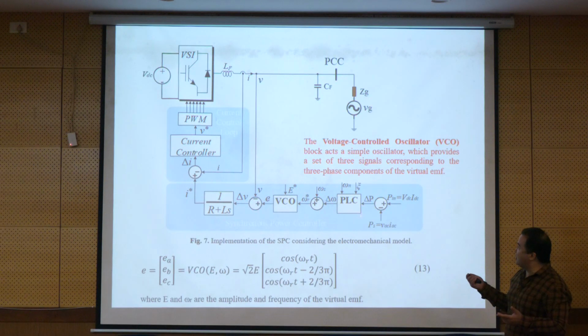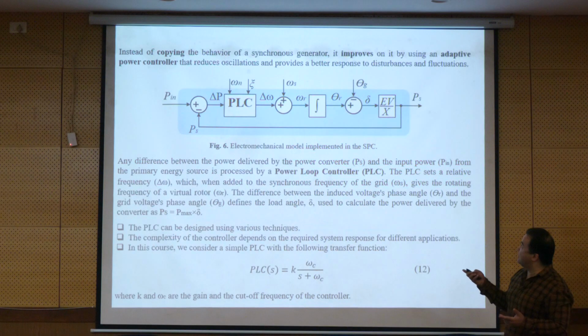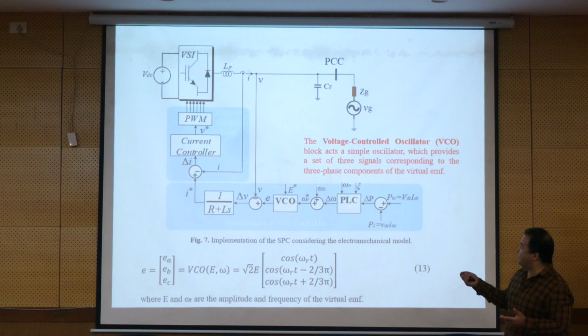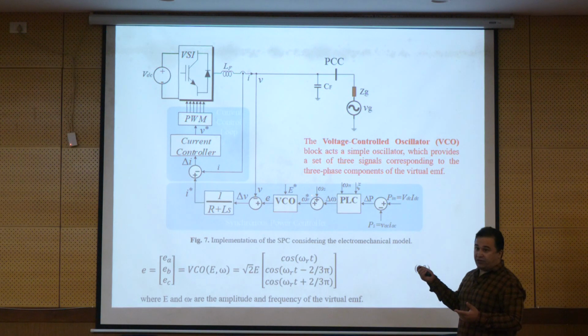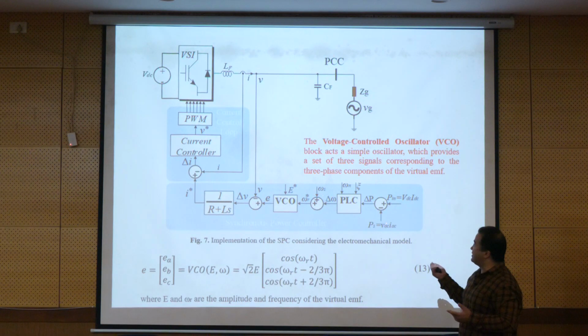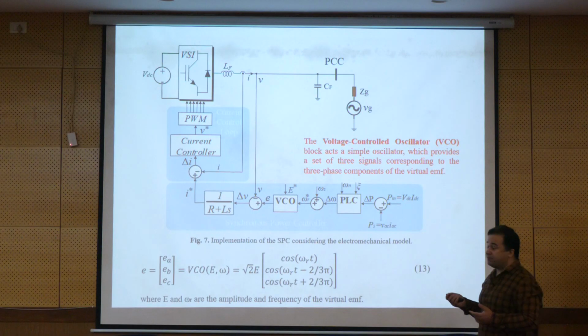And after delta P, we give it to the PLC. The PLC provides the delta omega. Okay? So this delta omega is linked with the difference between P in and P out.